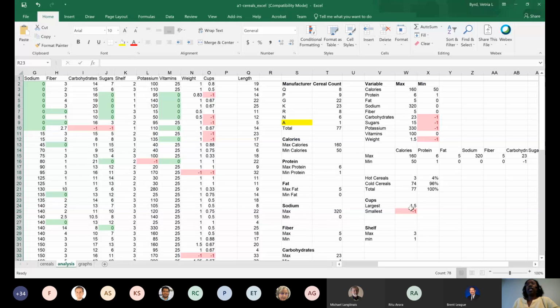I put all the maximums and minimums together up here. This is where that -1 came in, and like I said, that was a red flag for me. So I thought, what are we going to do with that? I just made a note of it.